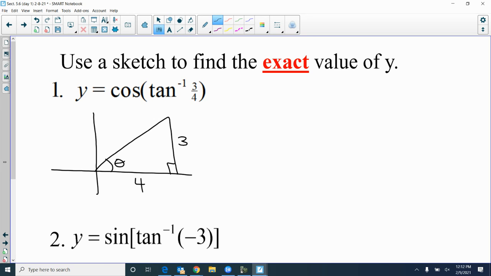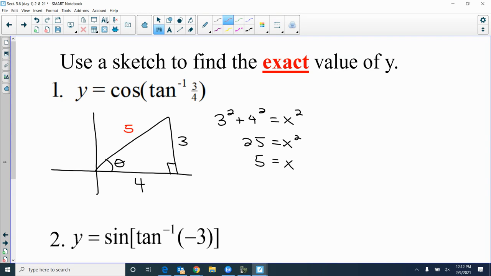And I want to know the cosine of that angle. Well, cosine of the angle, that's never changed. It's still going to be adjacent over hypotenuse. We still got to figure out the hypotenuse, but we can use the Pythagorean theorem. So 3 squared plus 4 squared equals x squared. You get 25 equals x squared. A lot of you already know that it's going to be a 3, 4, 5 triangle. So that's going to be 5.